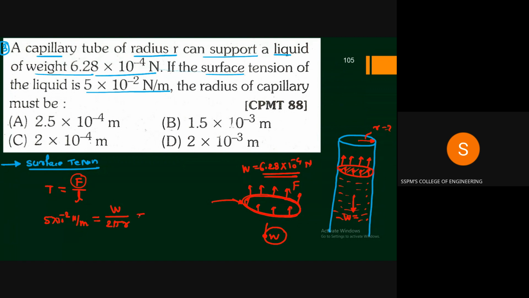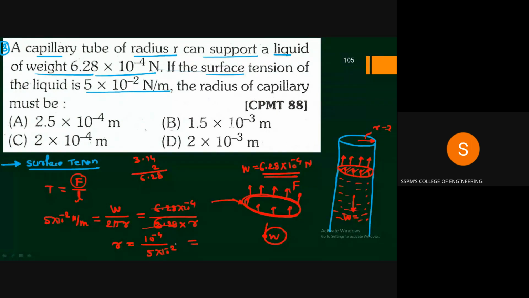So this is equal to w, which is 6.28 into 10 to the power minus 4, divided by 2 pi r. Here 2 pi can directly be written as 6.28, since 3.14 into 2 gives 6.28, into radius r. So this 6.28 and that 6.28 cancel out. Then the radius is equal to 10 to the power minus 4 divided by 5 into 10 to the power minus 2.